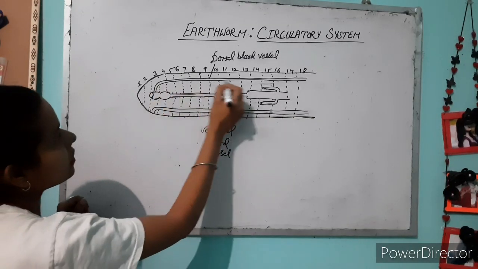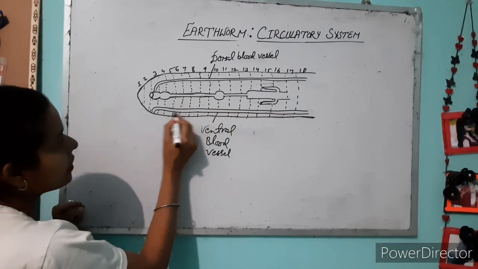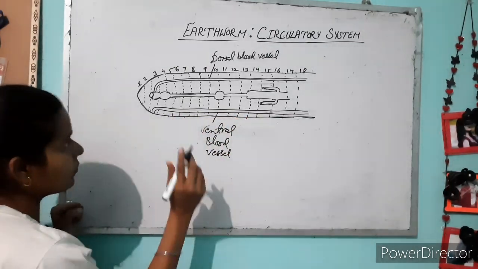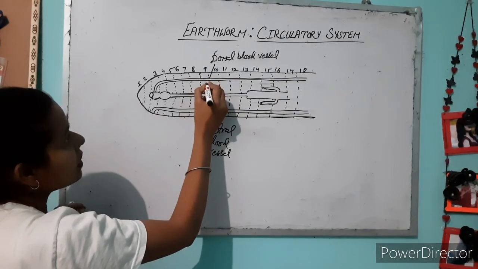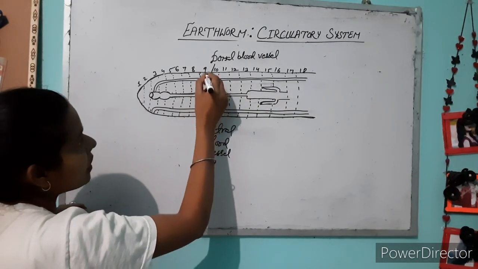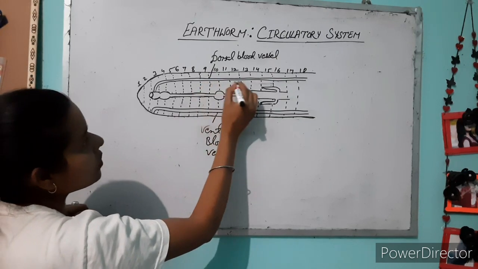Above the alimentary canal, there is a tube known as the dorsal blood vessel, and just below the alimentary canal there is a tube known as the ventral blood vessel. Just below the dorsal blood vessel there is another tube attached that starts from the 9th segment to the 13th segment.